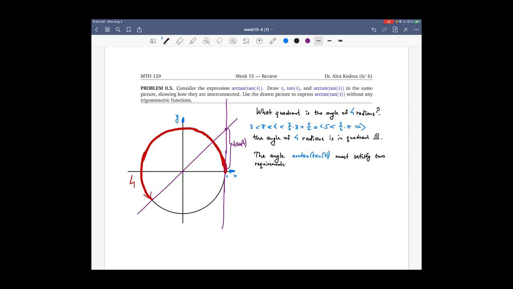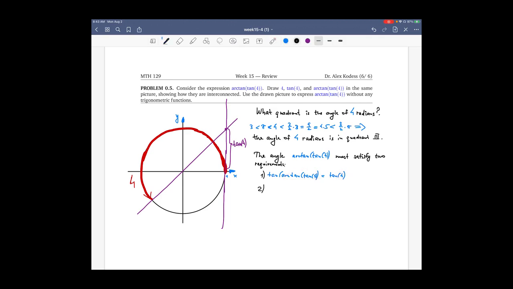Well, first, of course, its tangent must be the same as tangent of 4. Tangent of this thing must be the same as the tangent of the angle 4.